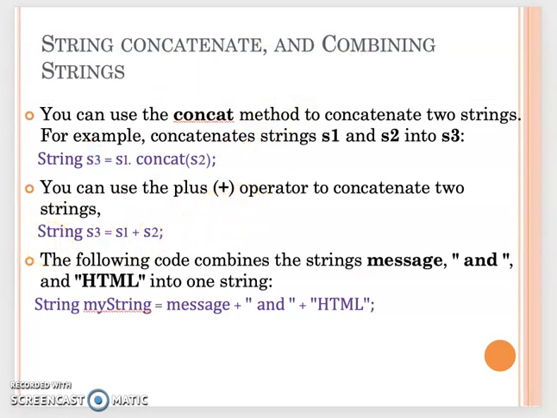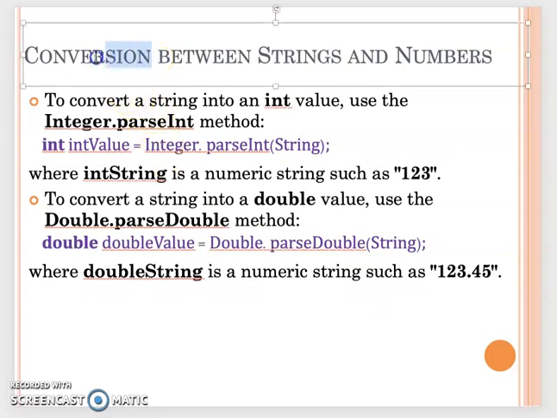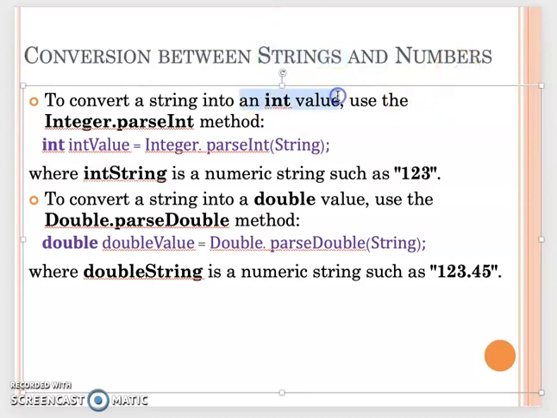Then the second thing is we can do the conversion between a string and a number. A lot of the time we get a user input as a string. Then we convert it into an int value or a double value.